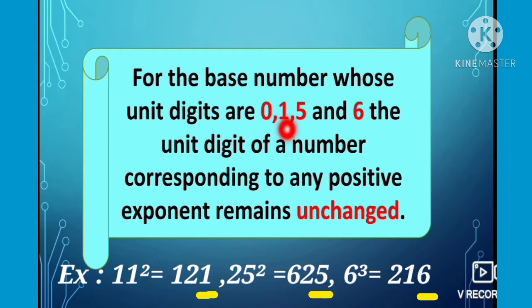And if the base ends with 1, we get the unit digit as 1. And the number which has the base as 5, we get the unit digit as 5. And also the base ending with 6 has the expansion with the unit digit 6.